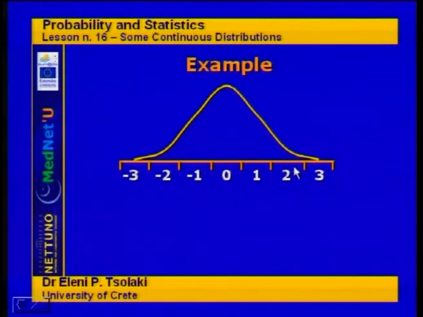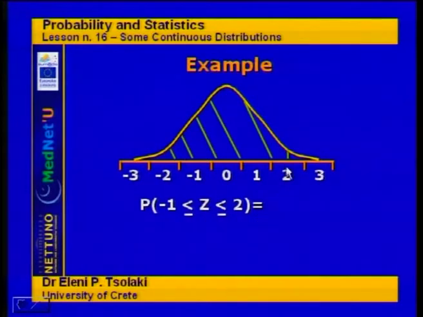Here we have a graph of the standard normal distribution. We always need to have a graph to see which probabilities exactly we want to calculate. And for our example, we're actually looking for z to be between -1 and 2. So we are looking for the area underneath less than 2 and greater than -1. So in fact, we are looking for this part here, this area here.